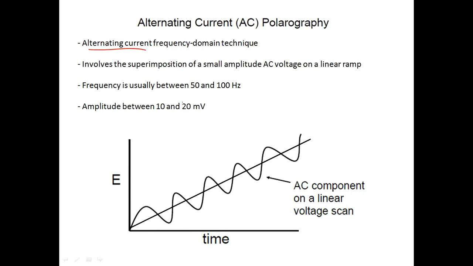The AC component has a frequency of around 50 to 100 hertz, and the amplitude, the AC voltage, is around 10 to 20 millivolts. So this is the AC component applied onto the linear potential scan.